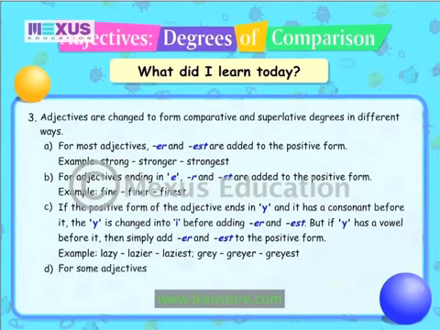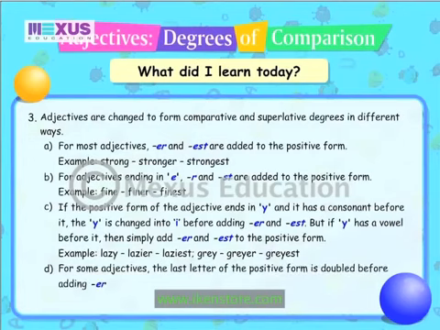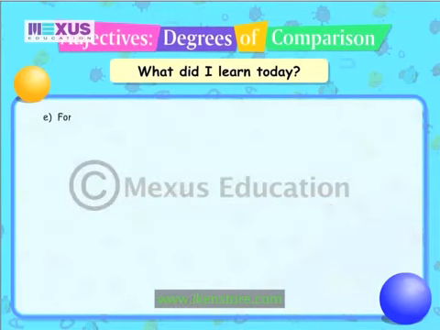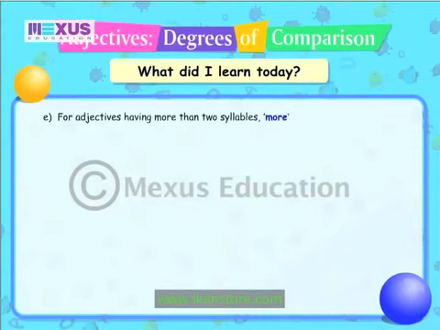For some adjectives, the last letter of the positive form is doubled before adding ER and EST. Example: fat, fatter, fattest. For adjectives having more than 2 syllables, more and most are added before the positive form.